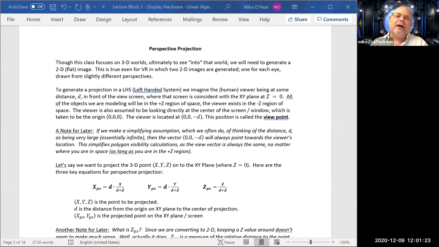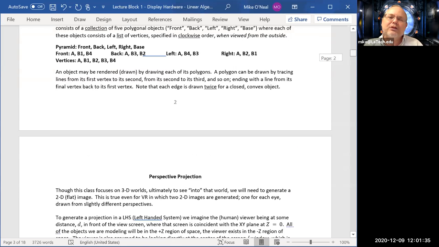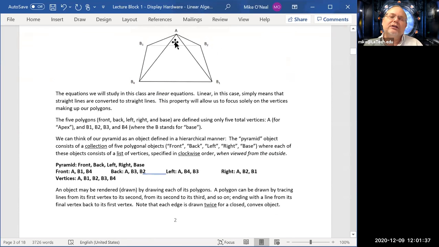How do you do that? Well, the most common way used in computer graphics is something called perspective projection. There are different kinds of projections, but when I drew my little pyramid here, this is actually a perspective projection that I drew.